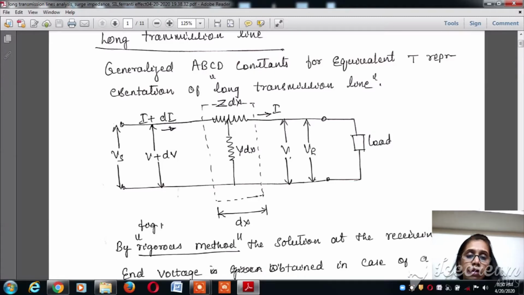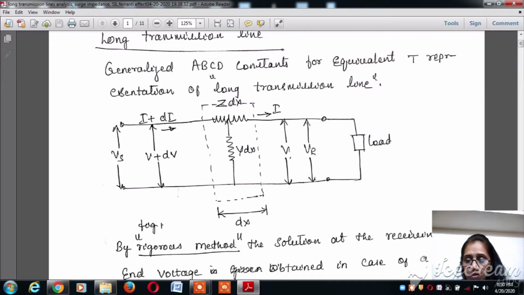In the nominal T method, the line capacitance is supposed to exist at the center, and in the nominal pi method, we assume that the line capacitance is concentrated in two places. One is near the sending end and the other one is near the receiving end.